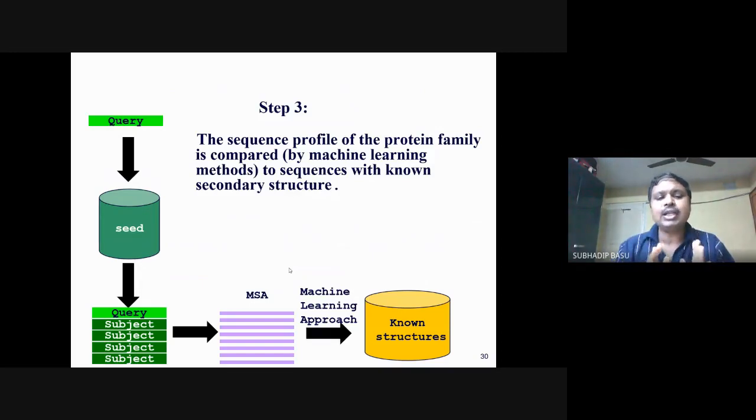So in general, this is just an overview of how we can use a sequence profile of the protein family and extract some kind of meaningful information from them.